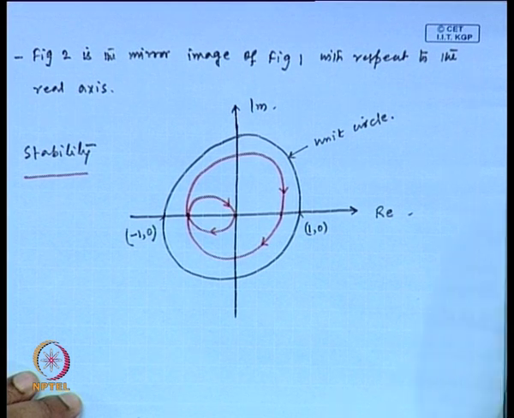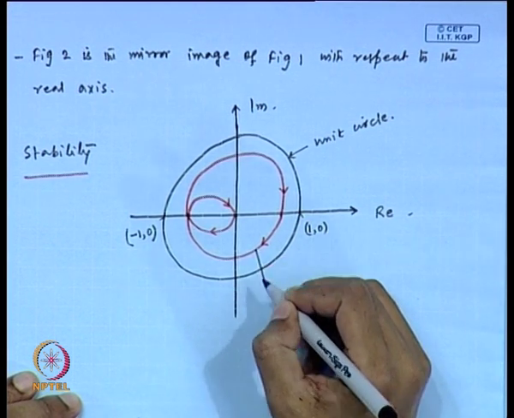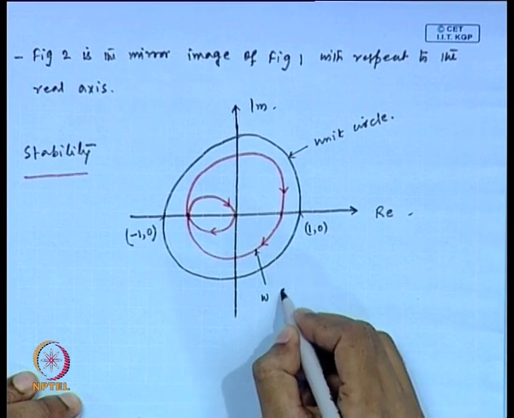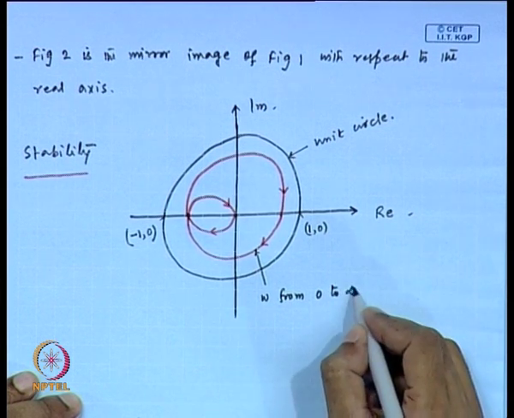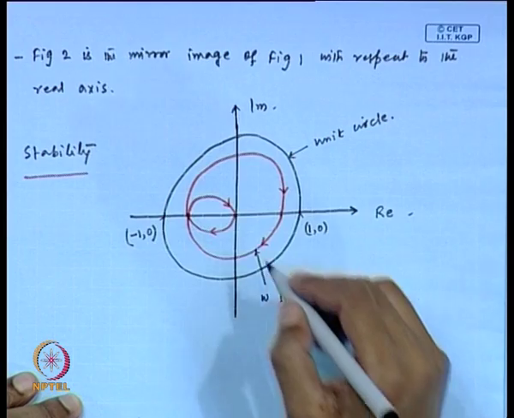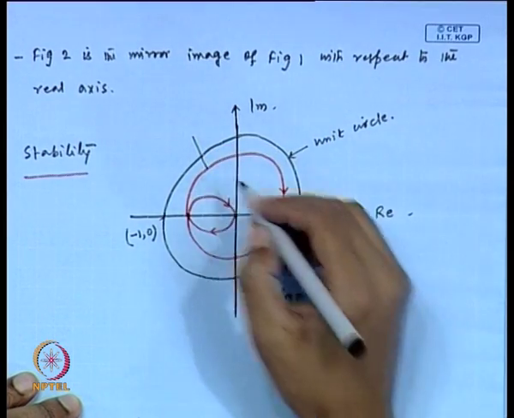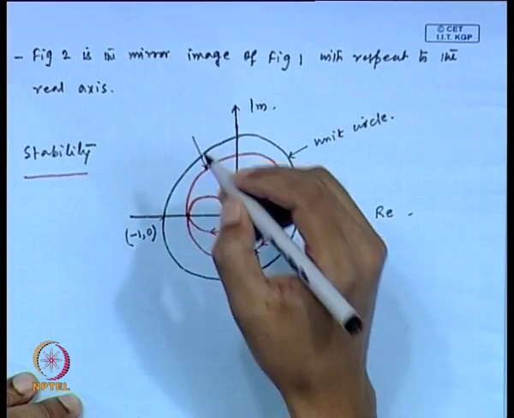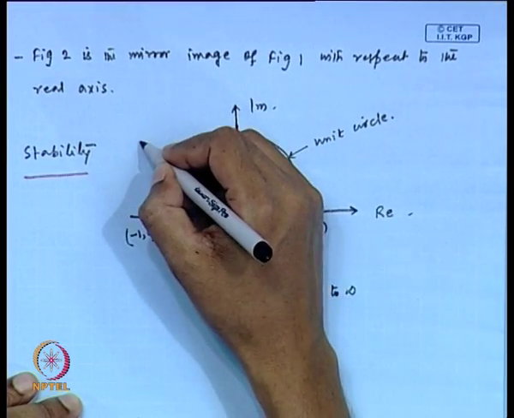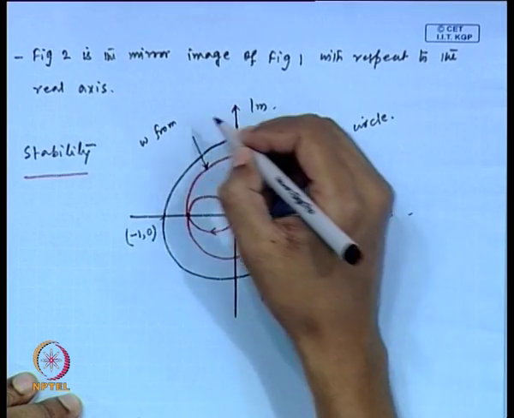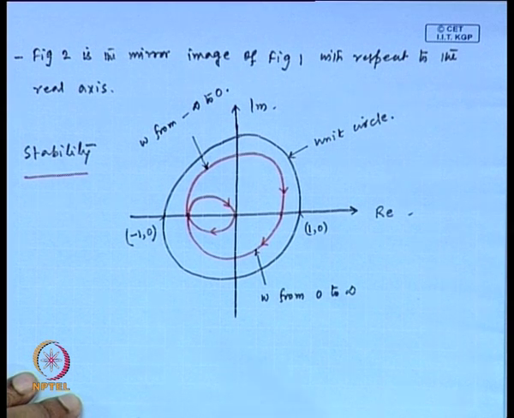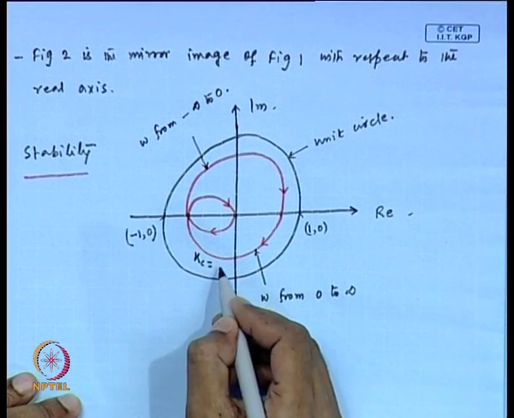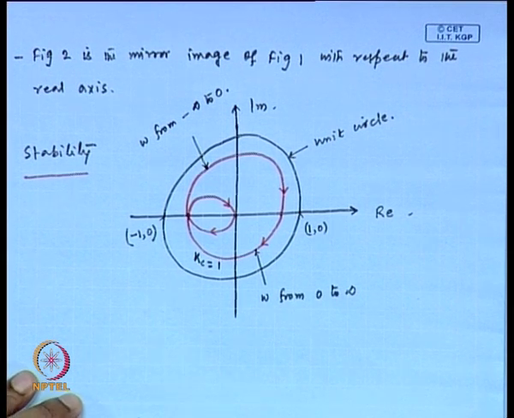Agree? So, this plot we obtained by varying omega from 0 to infinity, and this plot we obtain by varying omega from minus infinity to 0, and this polar plot corresponds to Kc equal to 1.